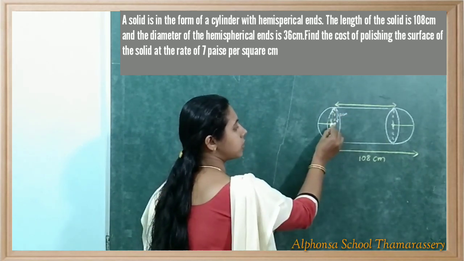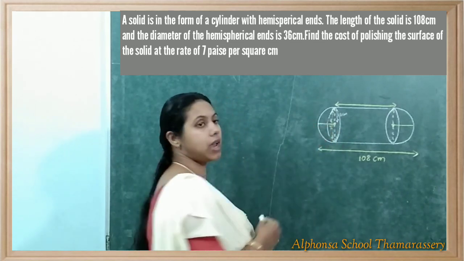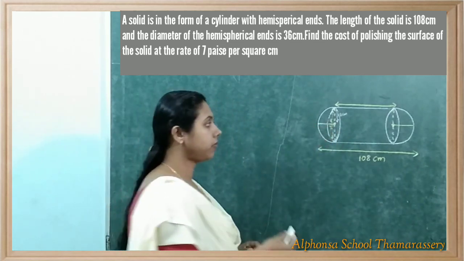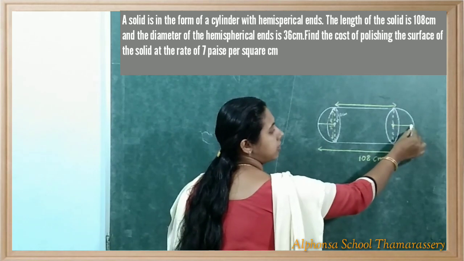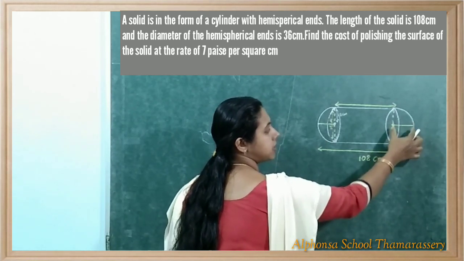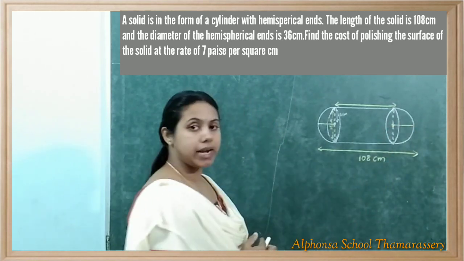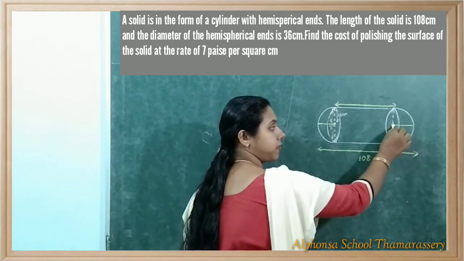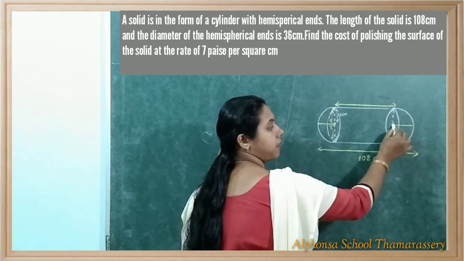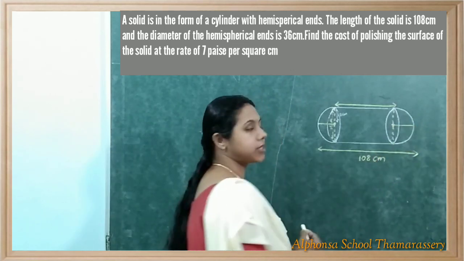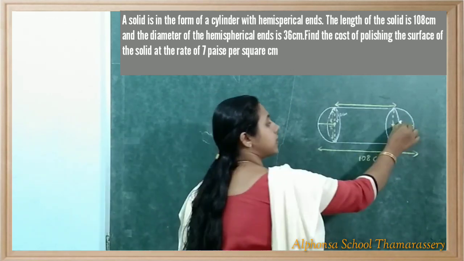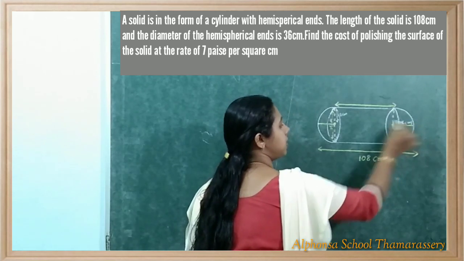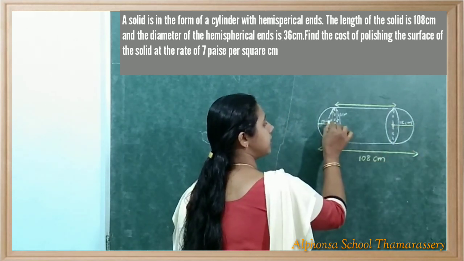So this length is also the radius of the hemisphere, and this is also the height of that hemisphere, which is equal to the radius, because this is the center of the circle, and from the center to any point on the circle is known as the radius. So this is 18 centimeter, here also 18 centimeter.